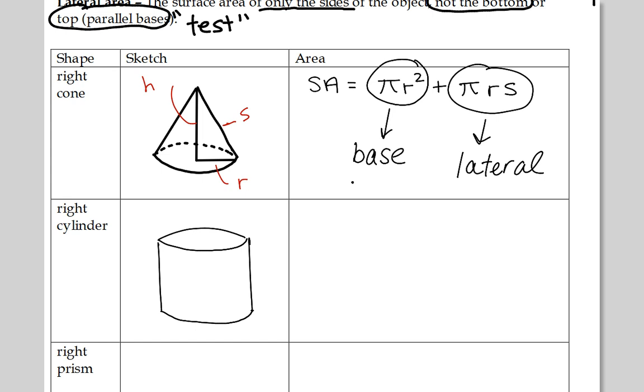It has two circles. There's one on the bottom and there's one on the top. Those two circles are identical. They have the same radius. And we call the vertical height, of course, just h, the height.